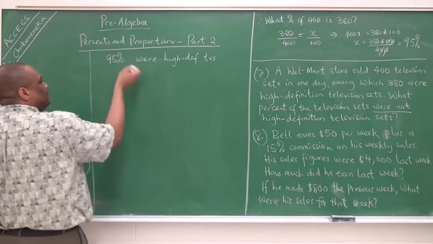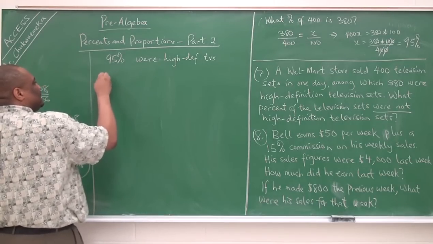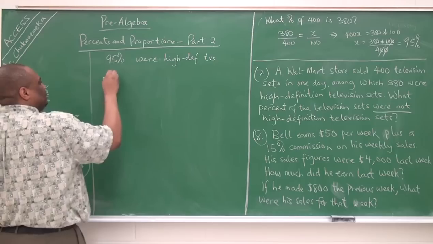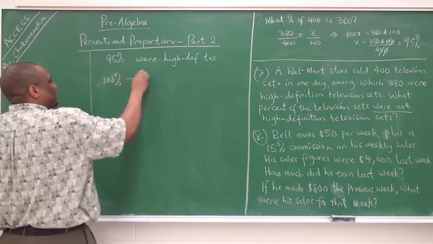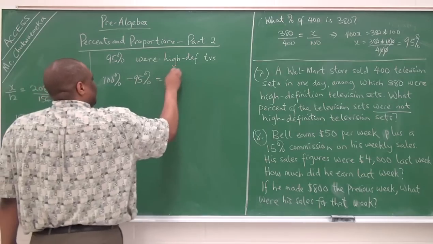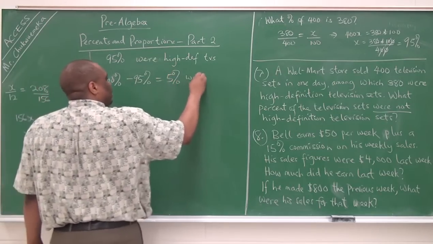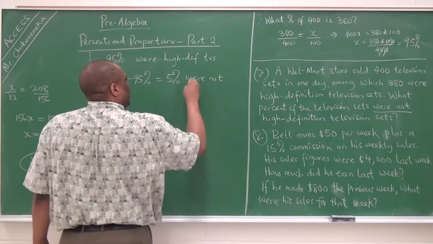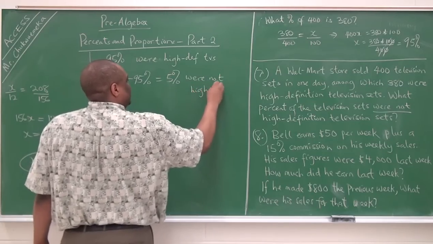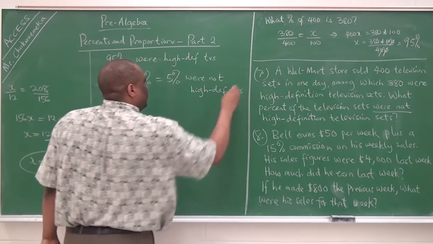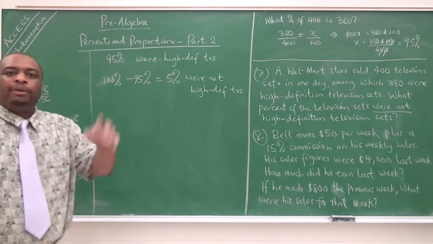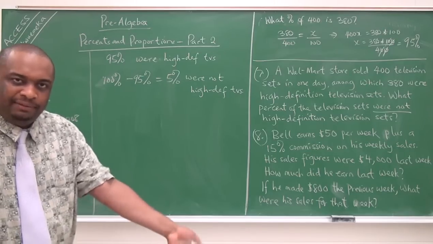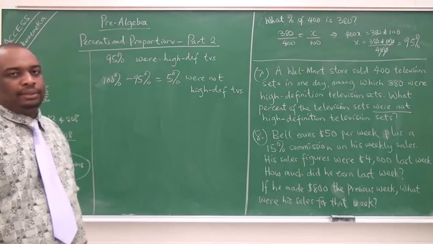Okay, so that means that 5%, because 100% is the total minus 95% is 5%. We are not high def TVs, because the percent that are high def TVs plus the percent that are not high def TVs is equal to 100%.